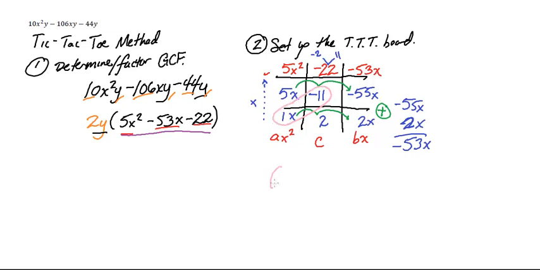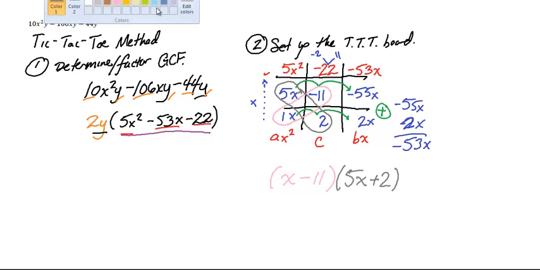The first set of factors would be x minus 11, and the next set of factors would be 5x plus 2.